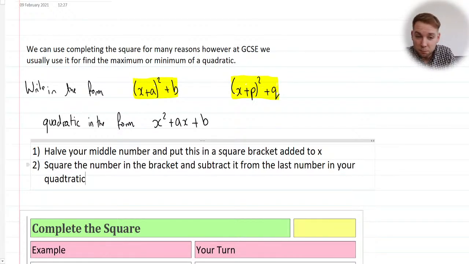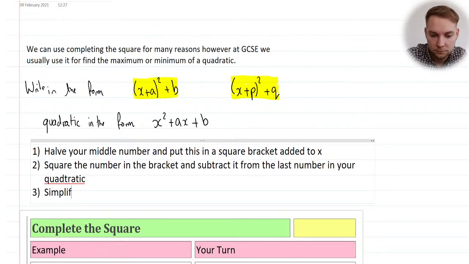That's pretty much it. Sometimes you might need to simplify, which is the last little stage, but that is pretty much it. So we halve the middle number in your square bracket, added to x. I'll show you in a second why this works once I've done an example. I'll just give you a second to get that down.